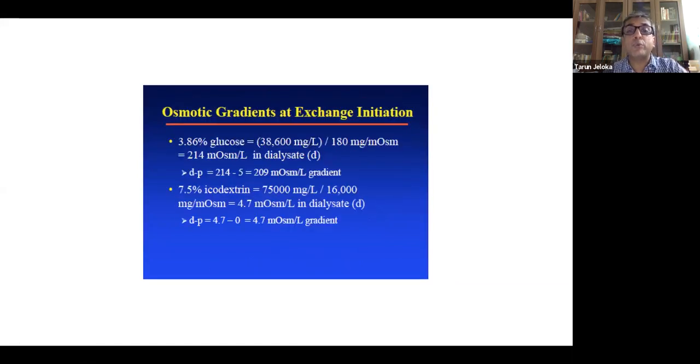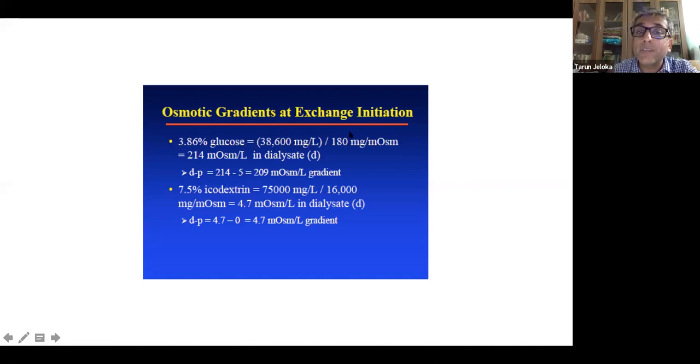So for example, if you take a 4.25% bag, the anhydrous glucose in that is only 3.86, and that is why some companies label it as 3.86% glucose. So 3.86% means the glucose content is 38,600 milligram per liter.